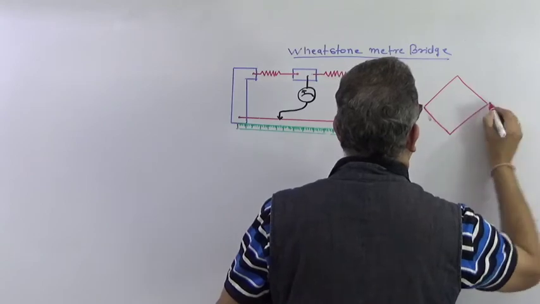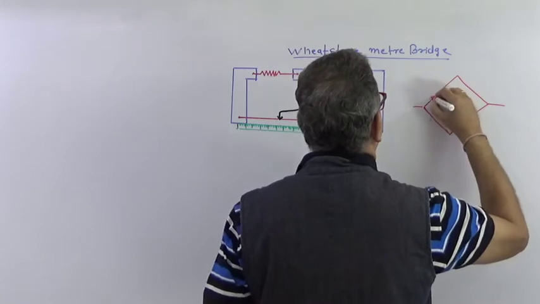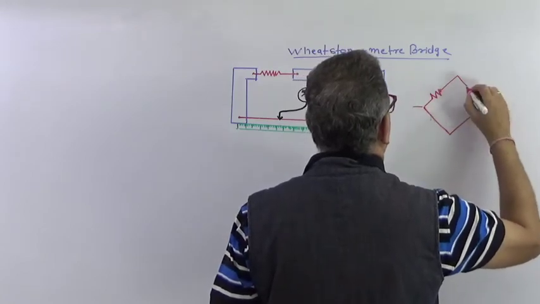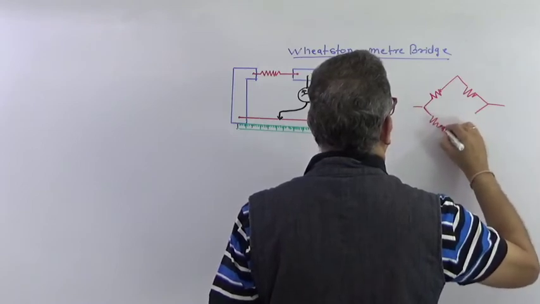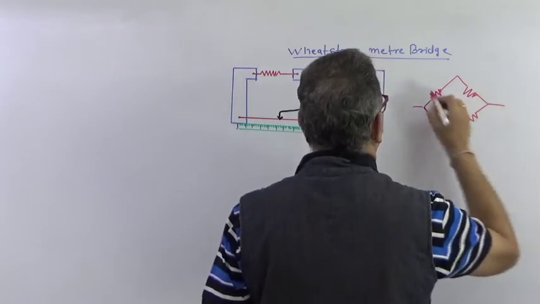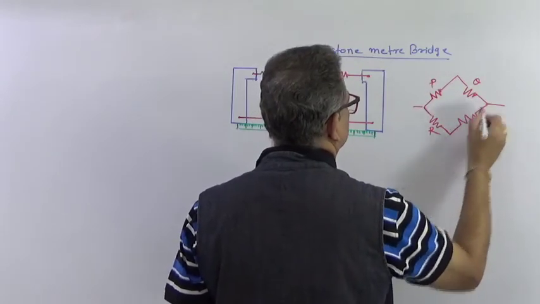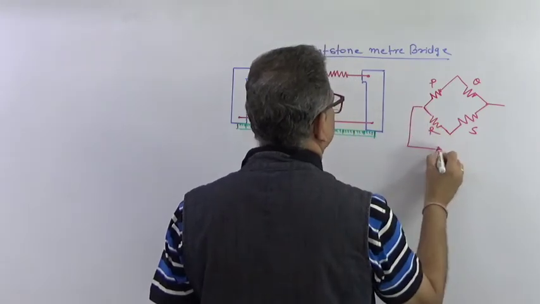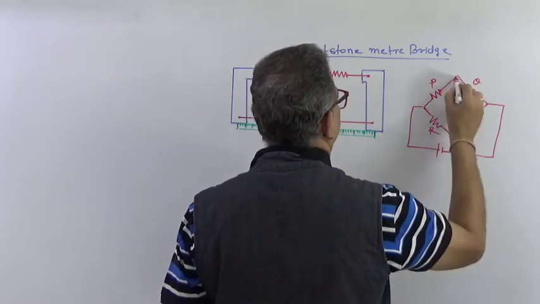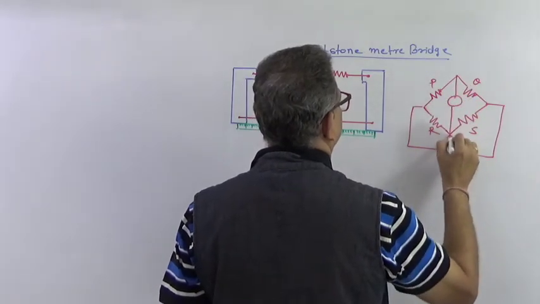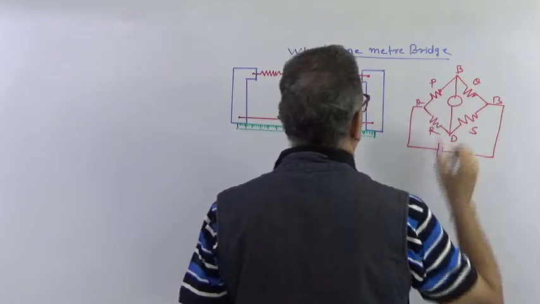It had 4 resistances, P, Q, R, and S, given as P, Q, R, S. This was connected to a battery, and a galvanometer was connected between points B and D. This was A and this was B.